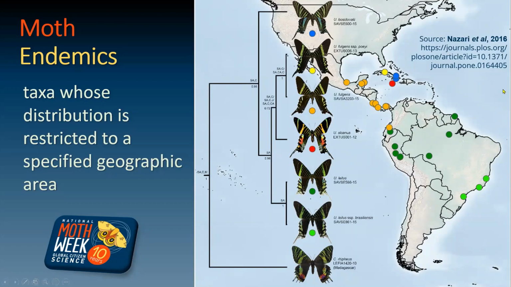So Urania has evolved into at least 4 species, one of which, represented by the dark and light green circles, is in South America, south of Colombia, Venezuela, and the Guianas. There's a second species which is throughout Central America and into the Caribbean.